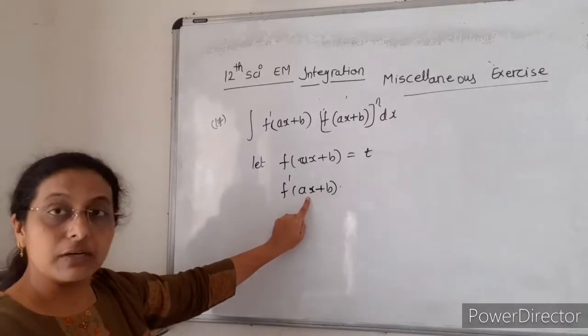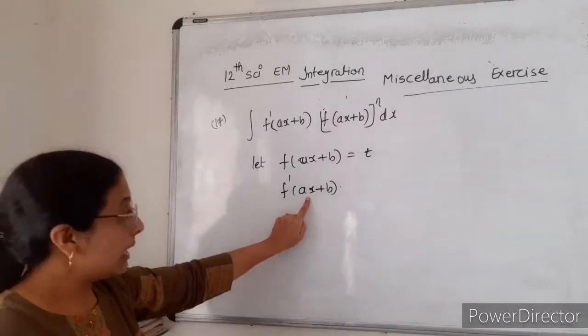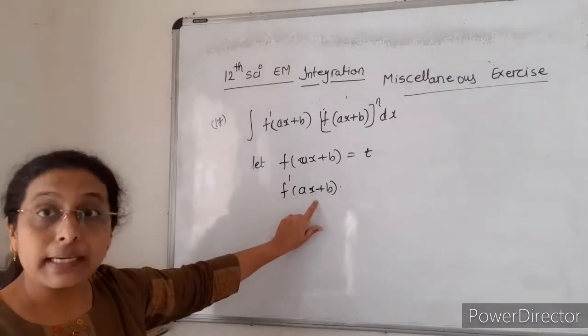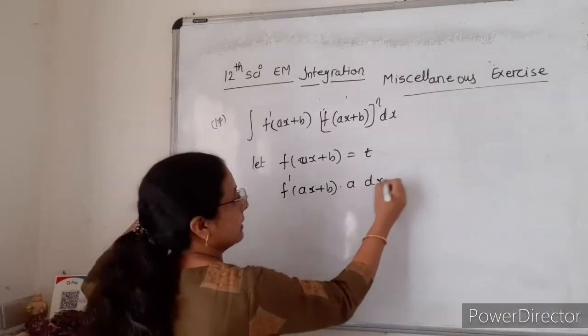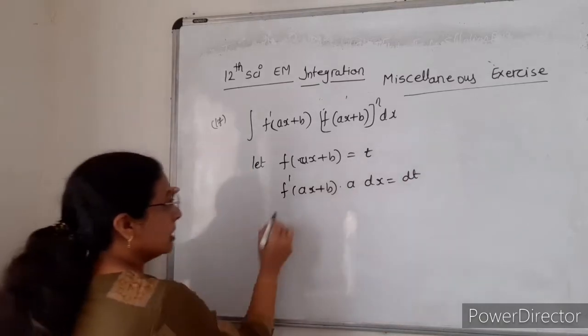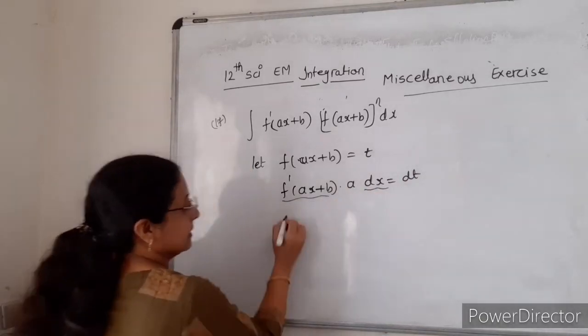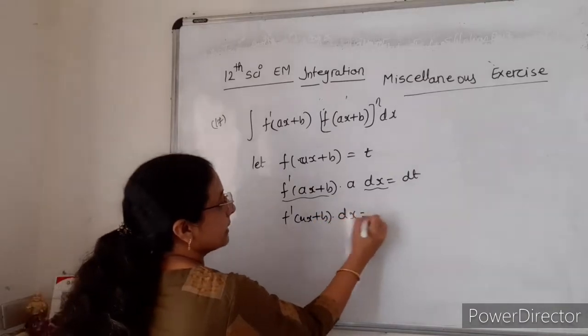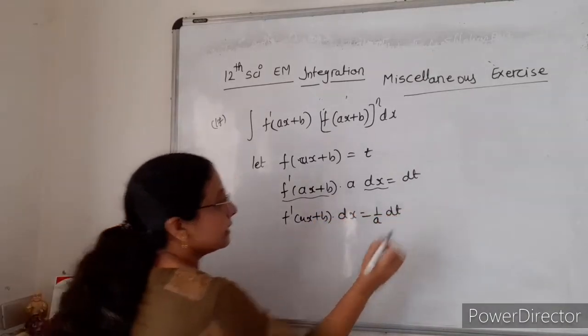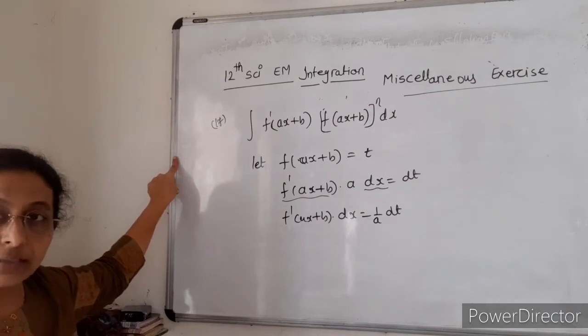The derivative of this function is f dash into the derivative of this bracket, which is a. So we write f dash of ax plus b into a dx is equal to dt. So f dash of ax plus b dx is 1 upon a dt. Yes or no? Right? Yes.